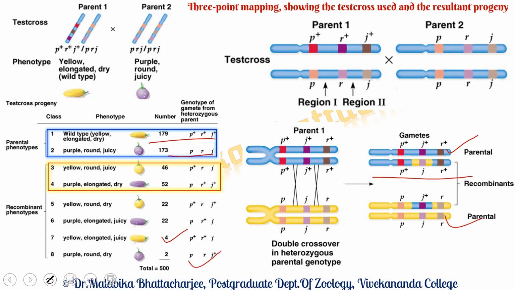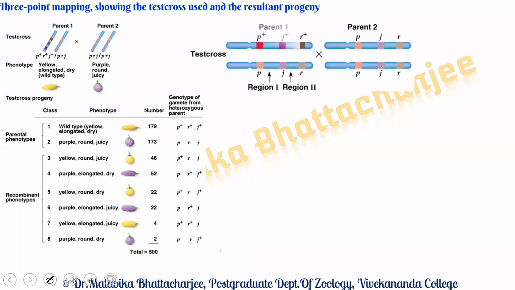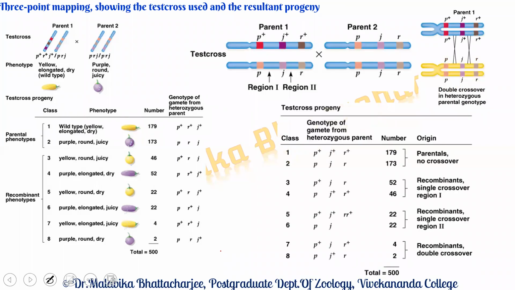So once we have successfully identified the middle gene and arranged our genes in the correct order, preferably what is done is that we rearrange the data. So we have rearranged the data keeping J as the middle gene. So these are the parentals. Now remember, recombination between region 1 is SCO1.